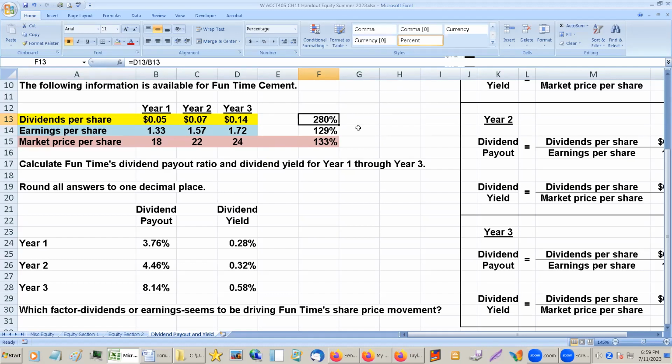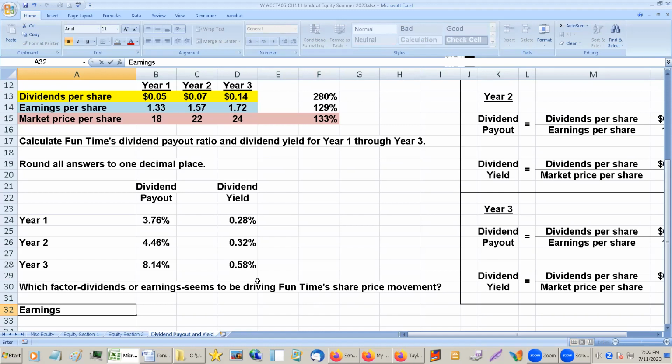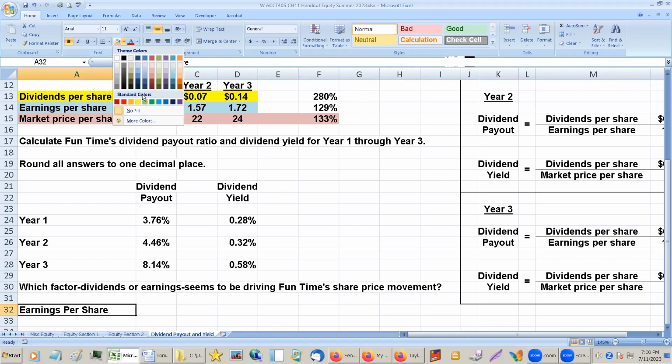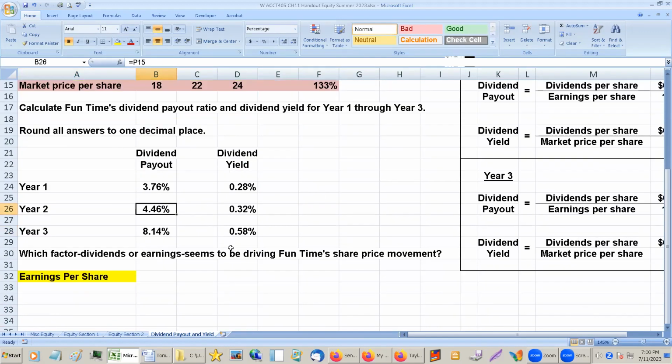It increased by 130%, and earnings per share is 129%, close to 130%. So in this case, you'd probably say it's the earnings per share, since it's more closely related. Okay, so that is number 11.